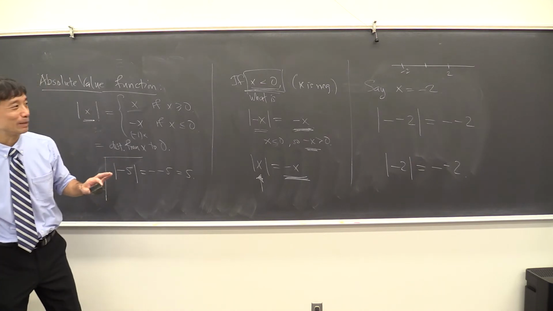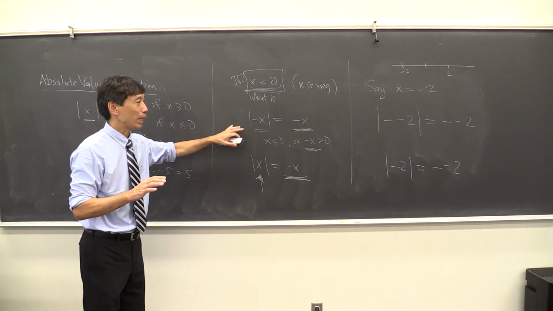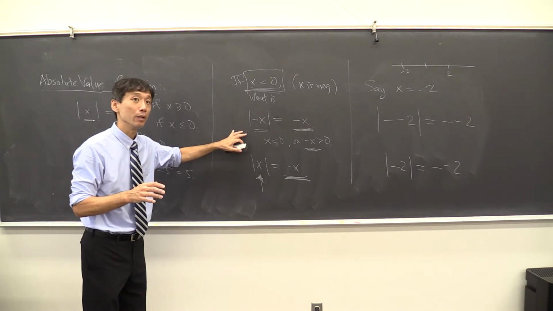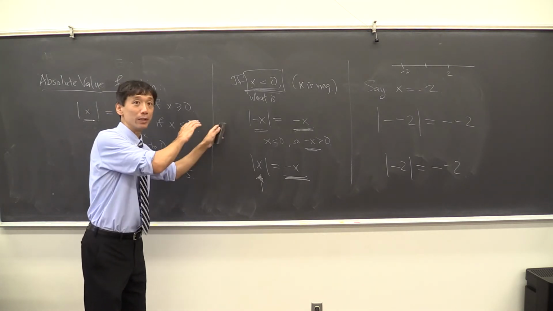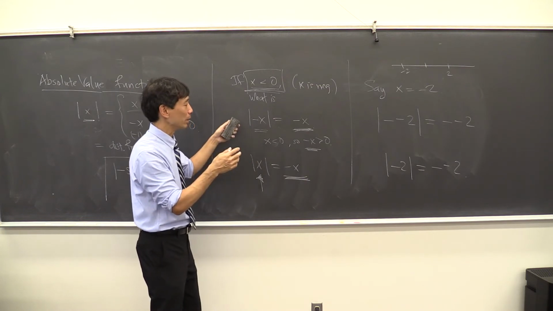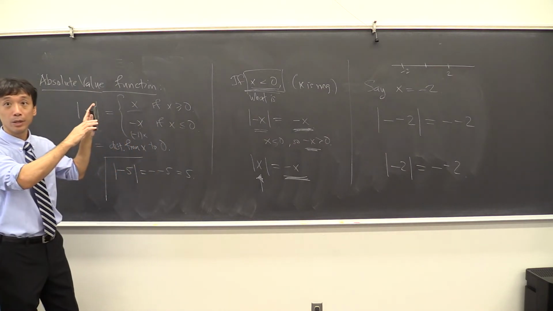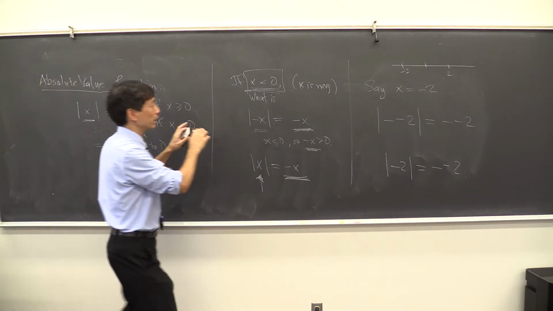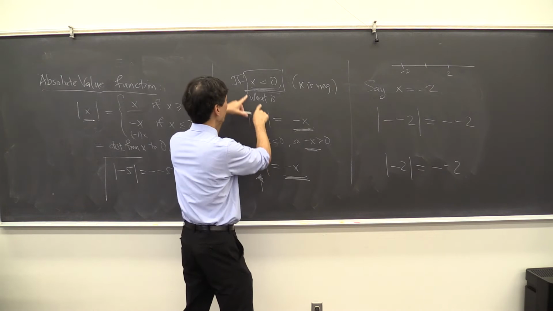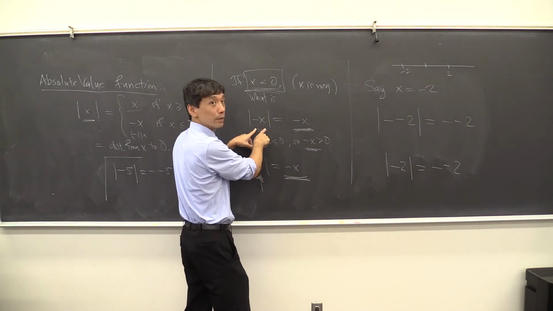Okay, don't worry, everything is strange when you first see it. But you have to make this step into the definition world. Just think: if x is negative, negative x is positive.